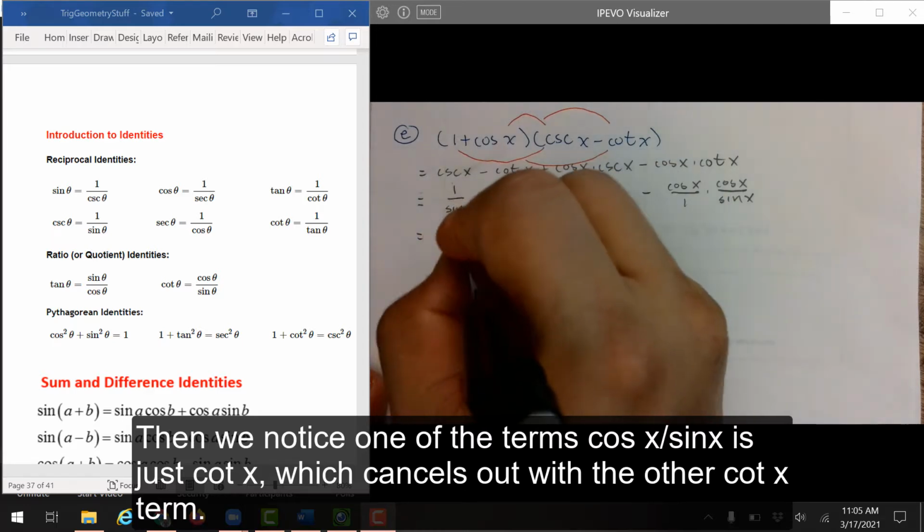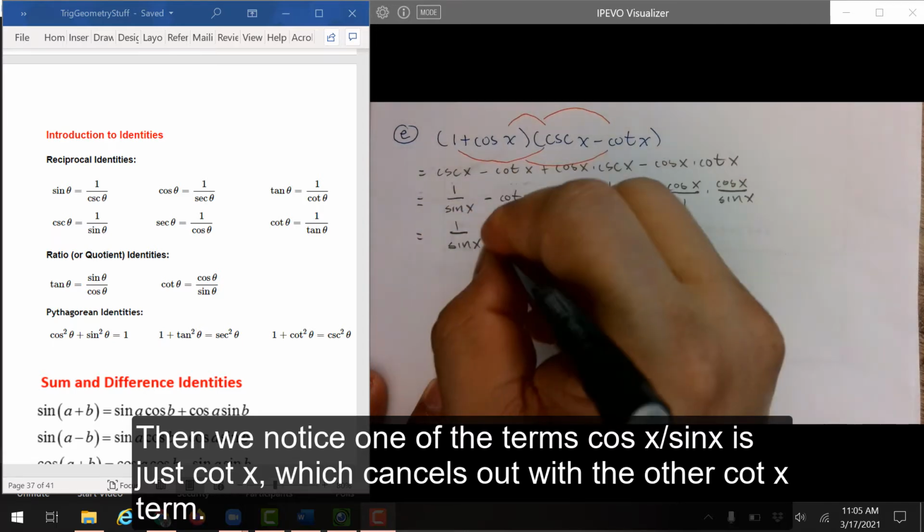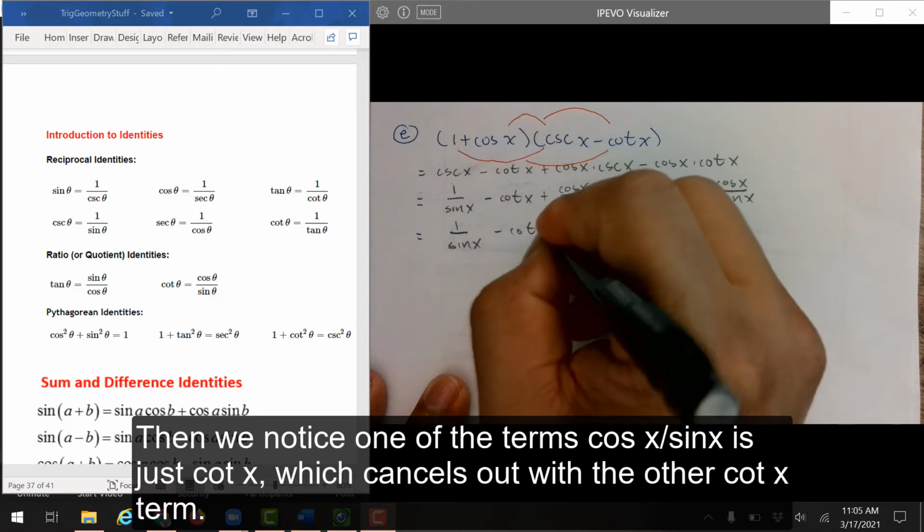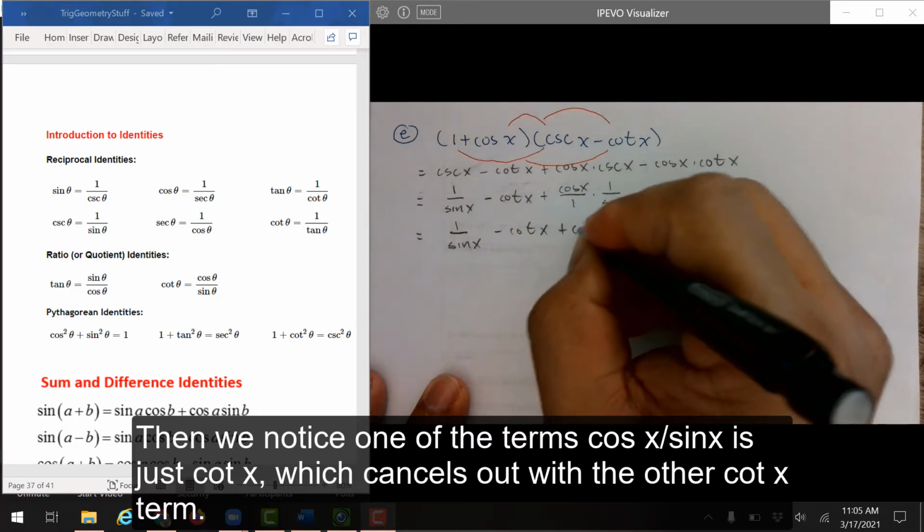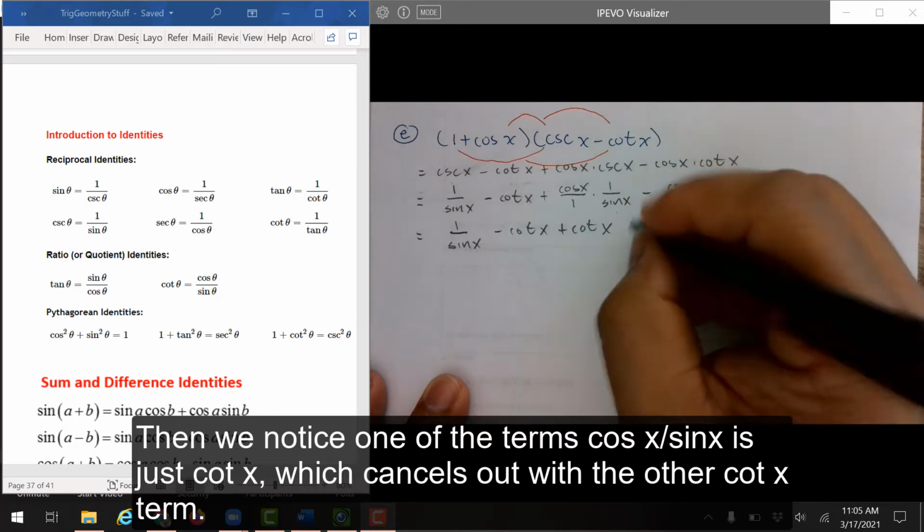Then we notice one of the terms, cosine x over sine x, is just cotangent x, which cancels out with the other cotangent x term.